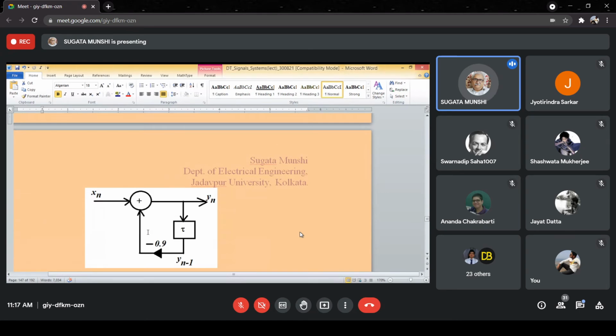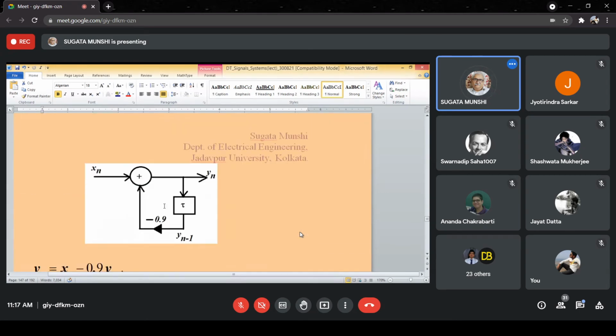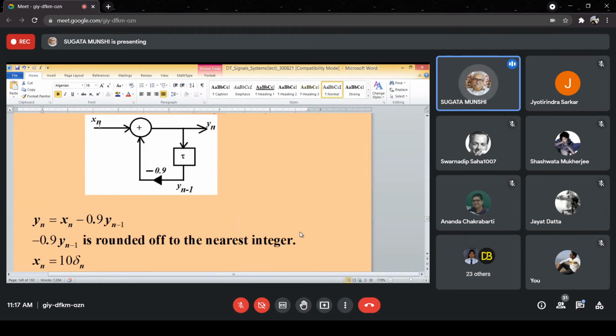So for the sake of understanding, I have considered that this is the first order IIR system. Here this coefficient in the feedback path is negative, say minus 0.9. So that is the difference equation relating output and input. Let us see if we consider that the product of minus 0.9 and y[n minus 1] is rounded off to the nearest integer, will it result in any strange behavior?